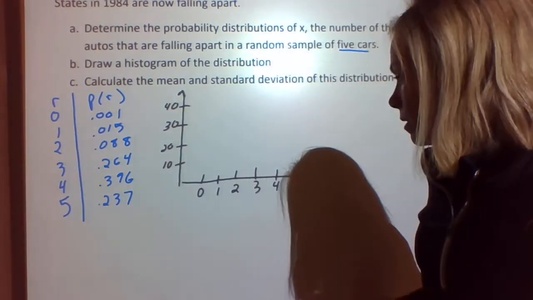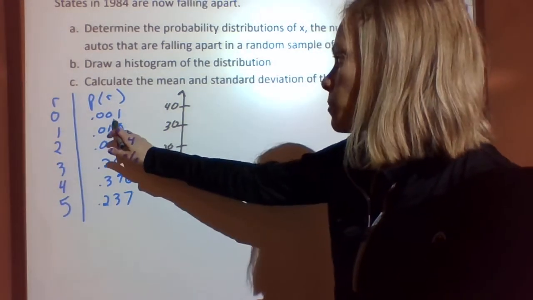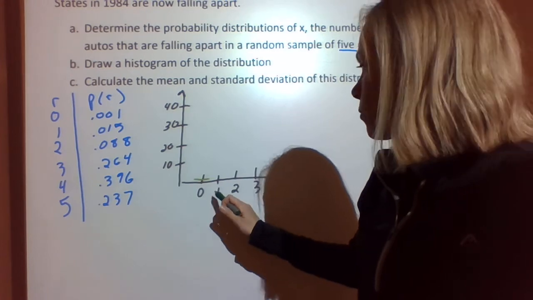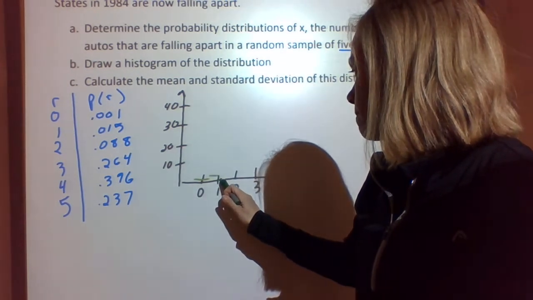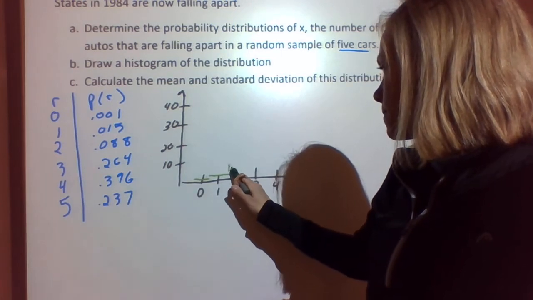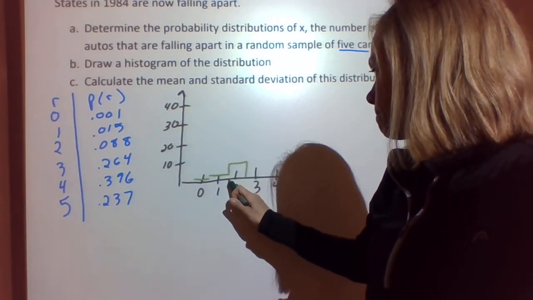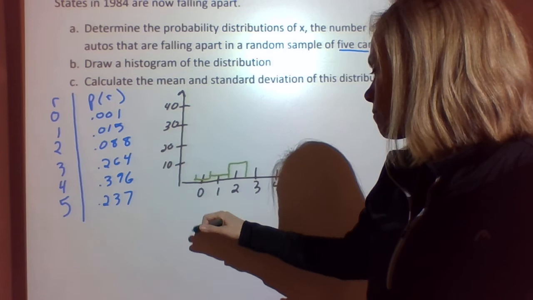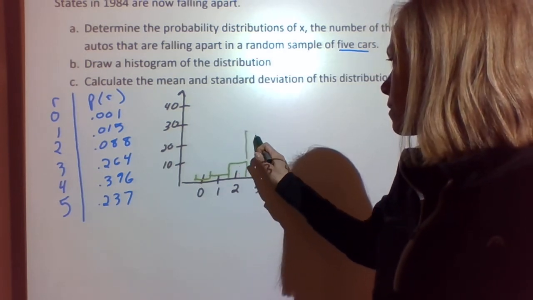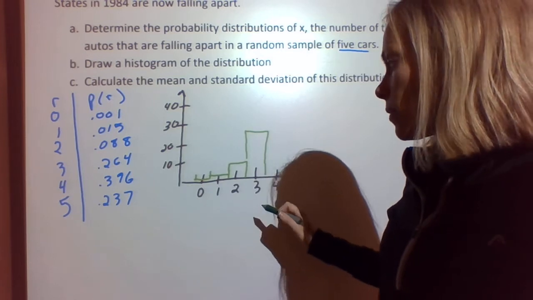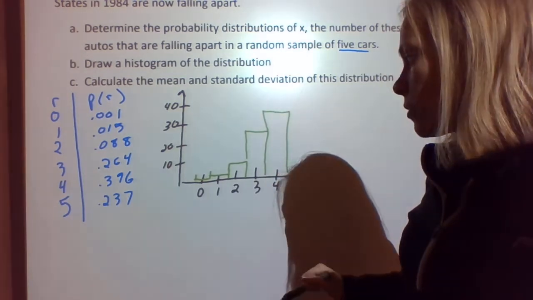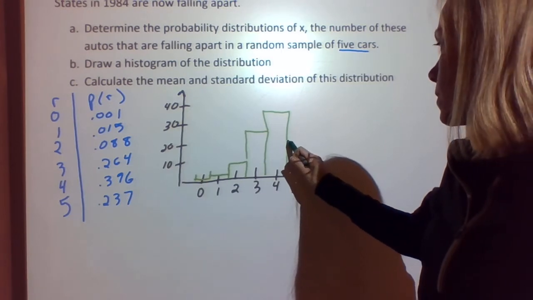Draw each one, so that's 0.1%, so pretty much nothing there. 1.5%, 8.8%, 26%, 39%, and 23.7%.